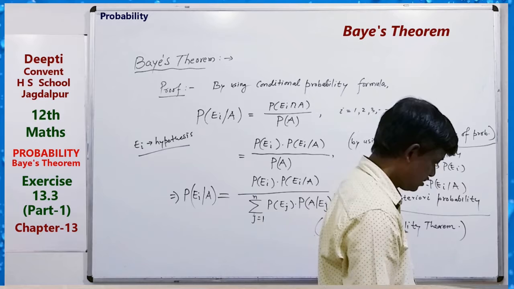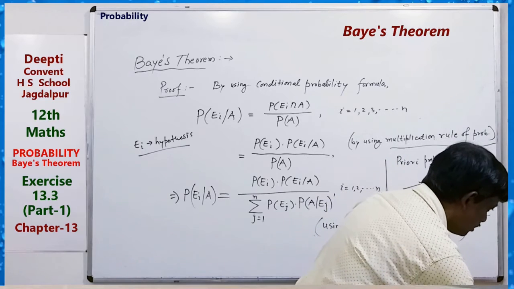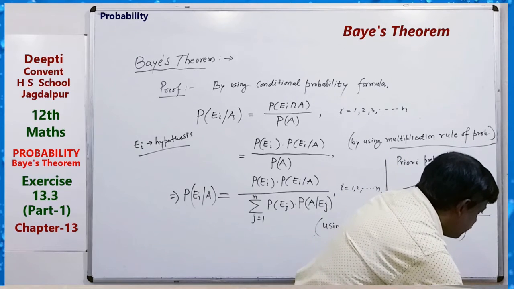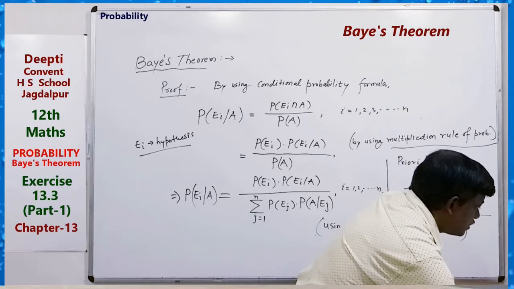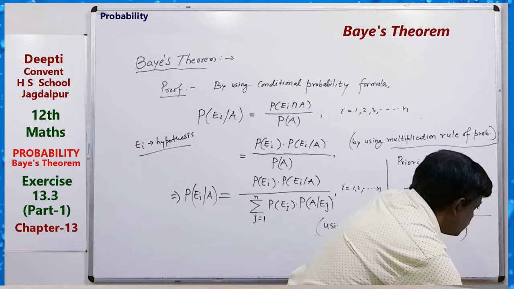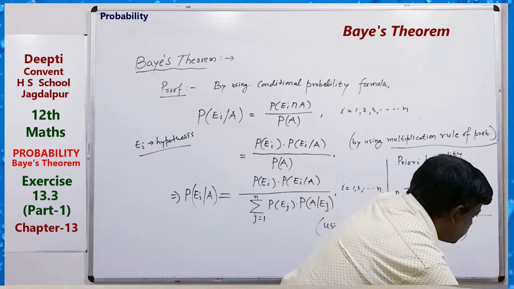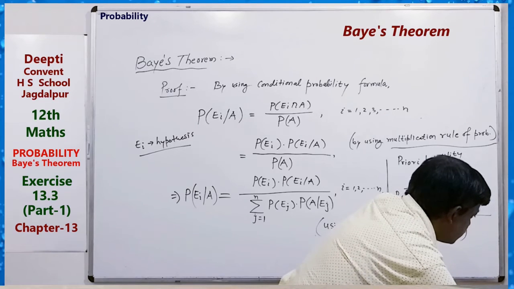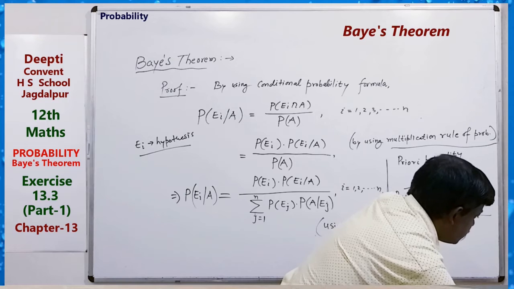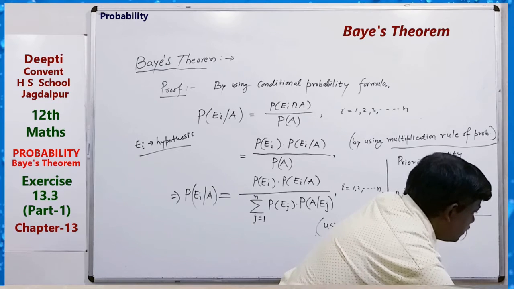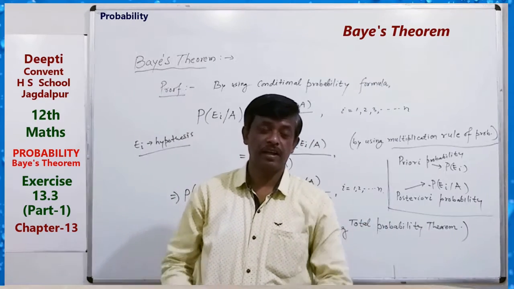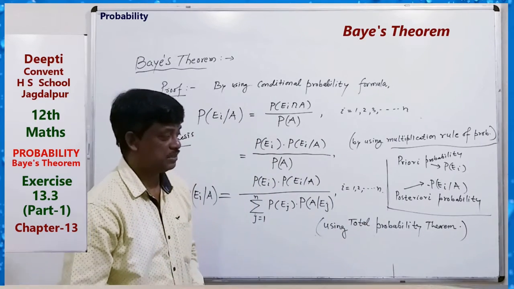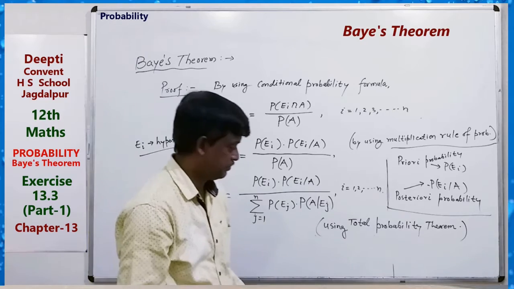Okay, so take a question from exercise 13.3, where there are the total probability theorem and Bayes theorem. Just see the question first.